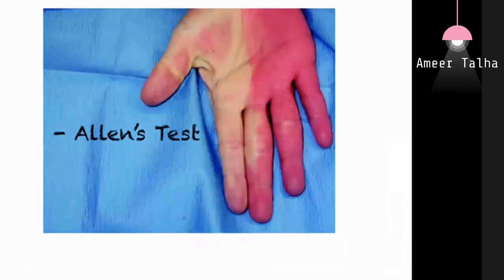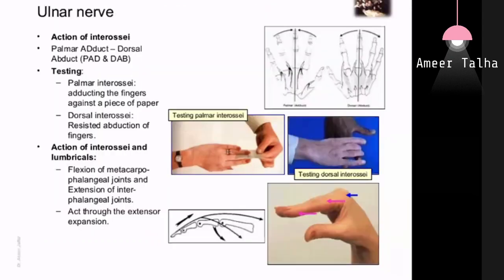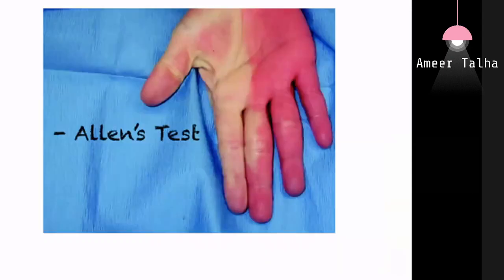Sir, tell us about the Allen test, what is it? What can you identify in this condition? Zuhaib? Yes sir. What can you identify in this image? Sir, this is the ulnar artery. It's okay.